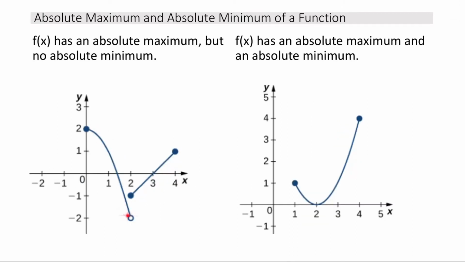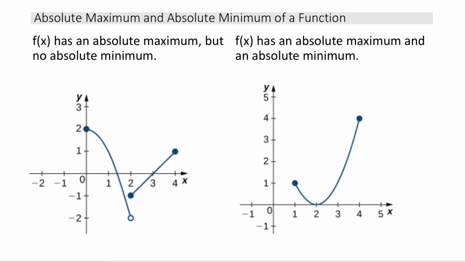In this graph here, this is a closed interval between 0 and 4, and you can tell by the fact that these dots are filled in here. So you can see that this dot right here, (0, 2), is the absolute highest value. We would classify that as the absolute maximum.